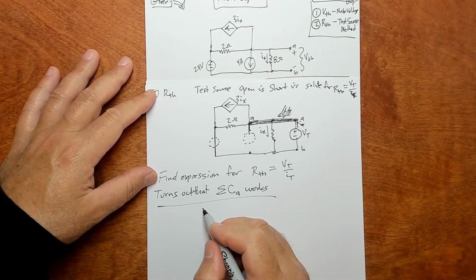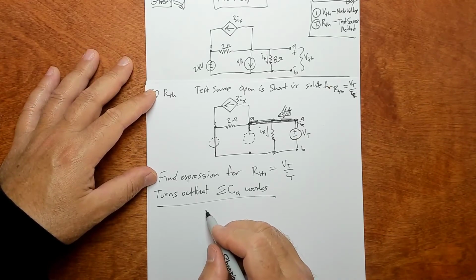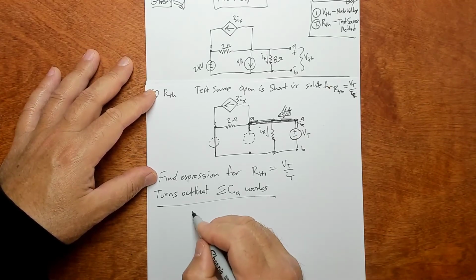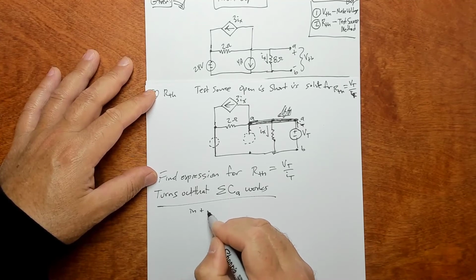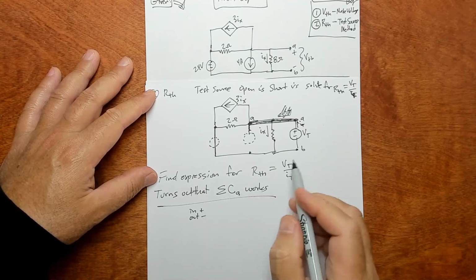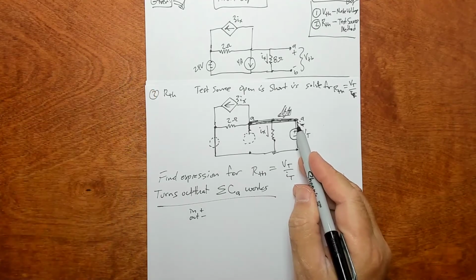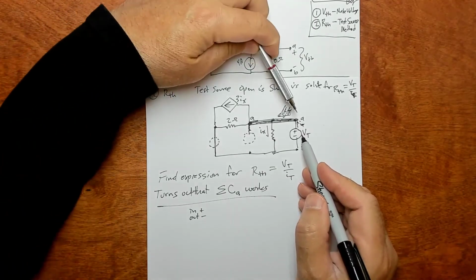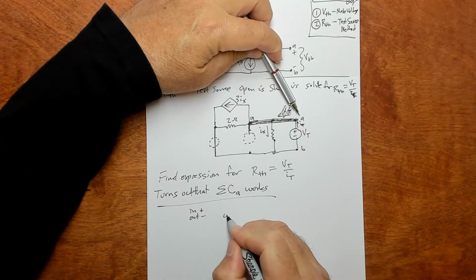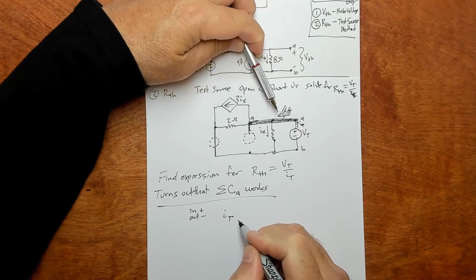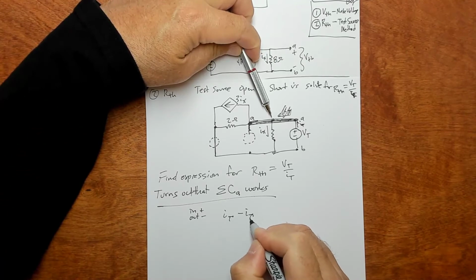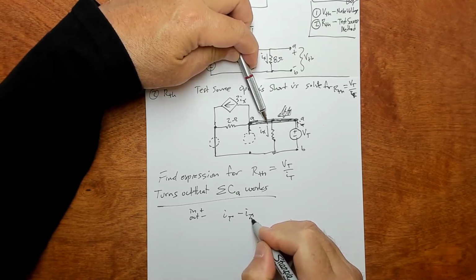So basically, in is going to be positive and out is going to be negative. Coming into node A, I've got I sub test coming in. I've got I sub x coming out right here.